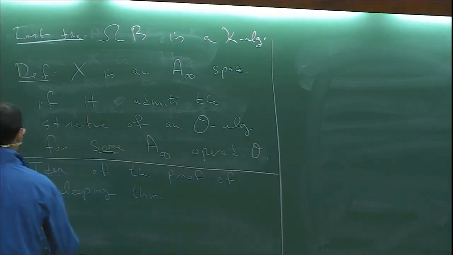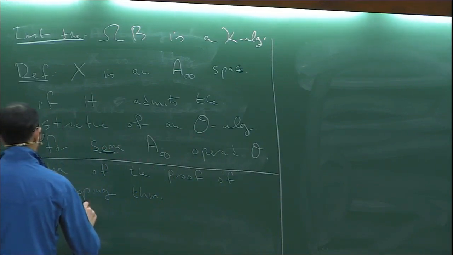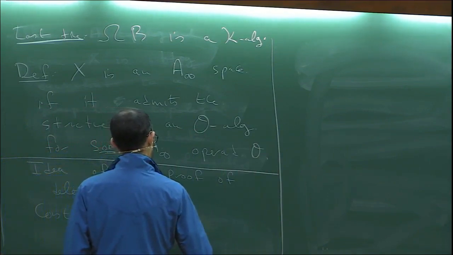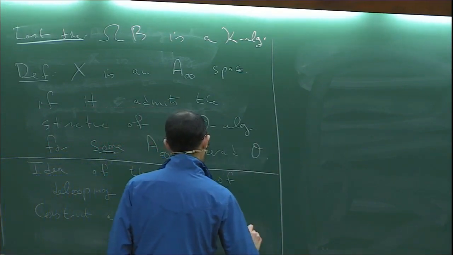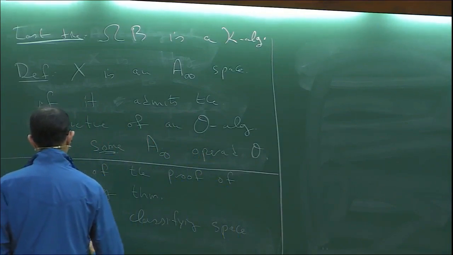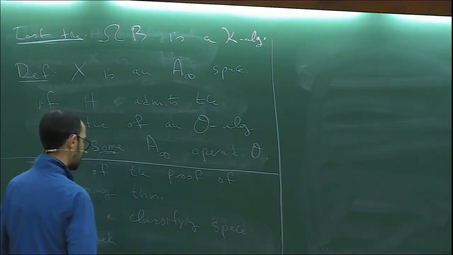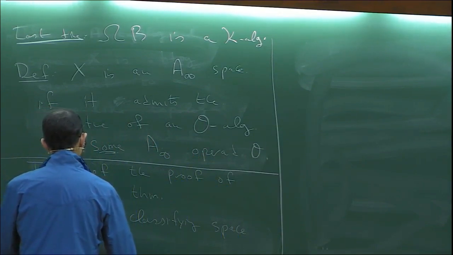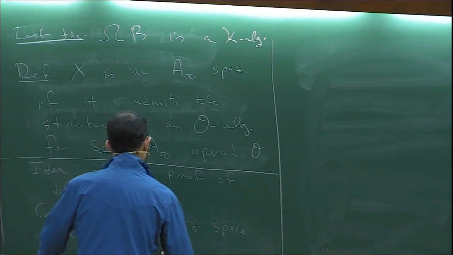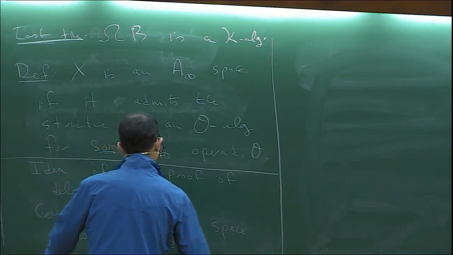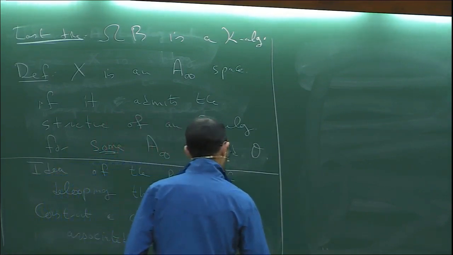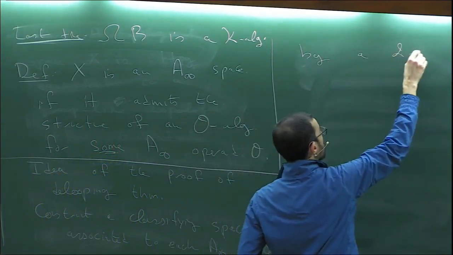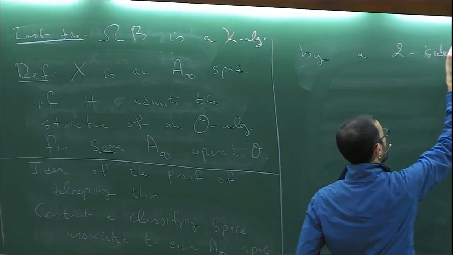So construct a classifying space associated to each A infinity space by a two-sided bar construction.